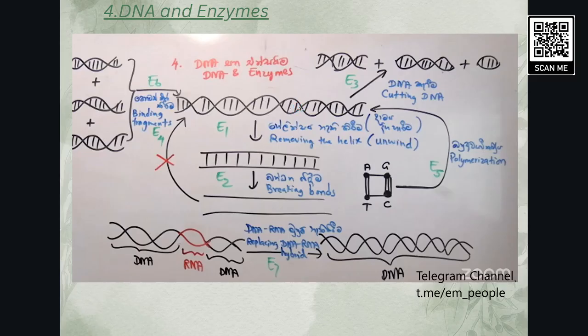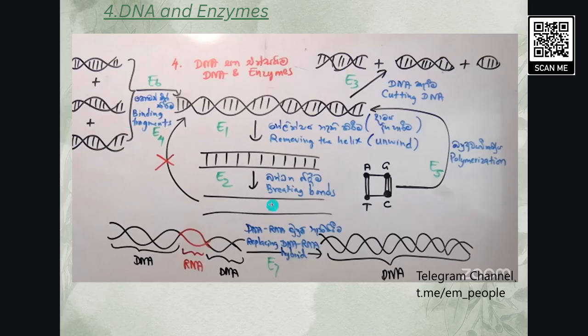There are instances where we have to remove the helix, or unwind. Here enzymes are involved, and then after we unwind it, we have to break the bonds. Here also enzymes are involved, and sometimes we need to cut this large DNA into smaller parts. We call it cutting DNA. Enzymes are involved here too.